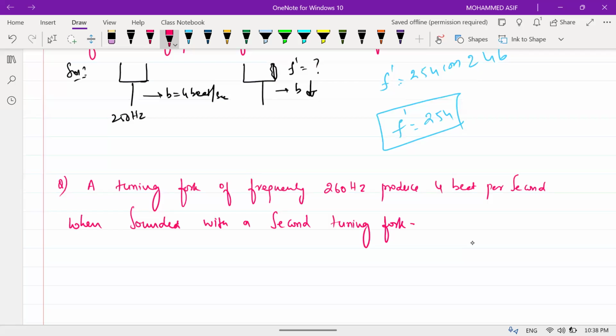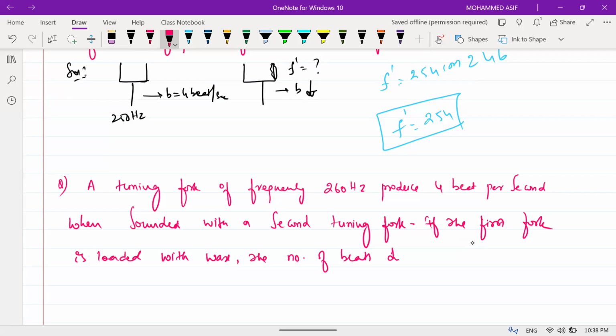And sounded with a second tuning fork. If the first fork is loaded with wax, the number of beats decreases.